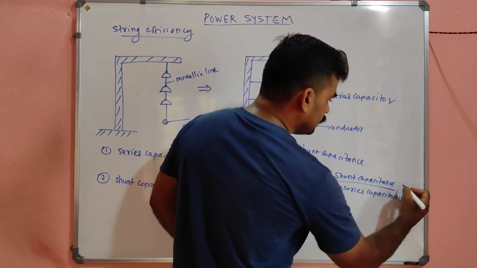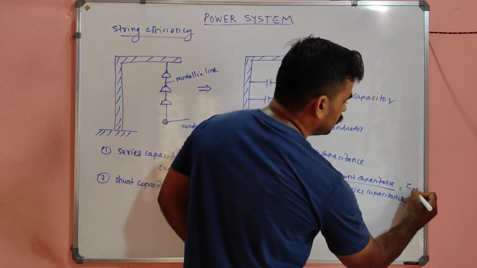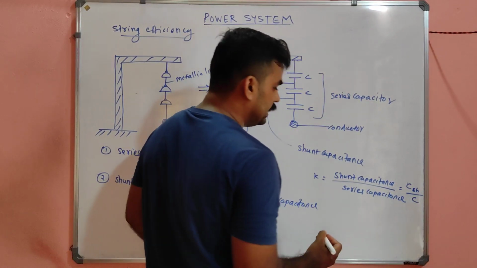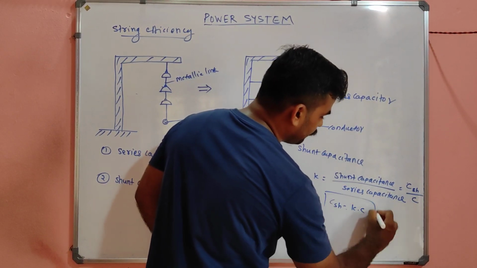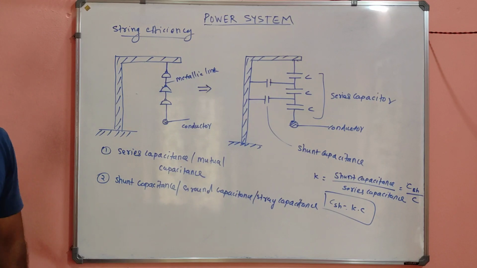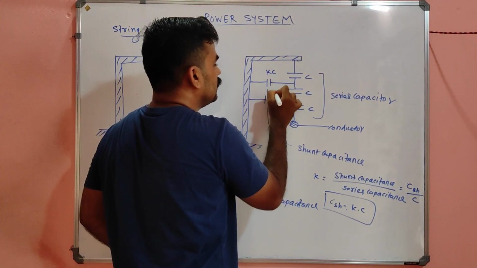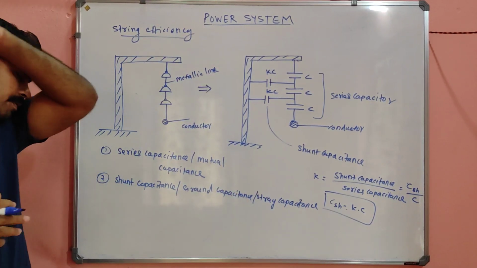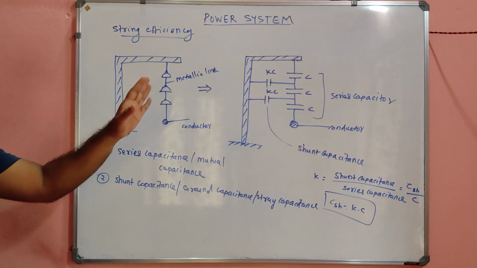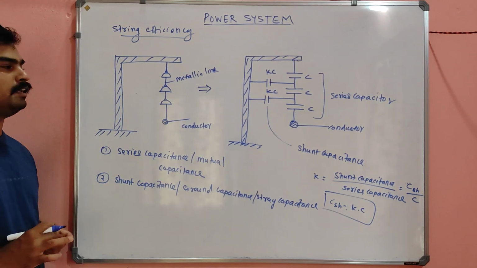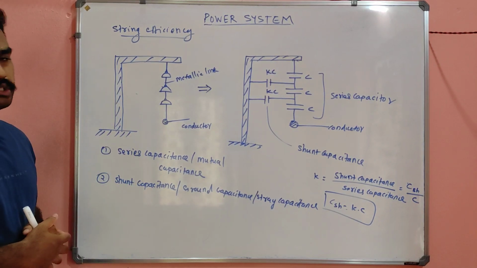Which means the shunt capacitance is C shunt divided by series capacitance is C. So C shunt will be equal to K times C. So this capacitor can be represented by KC. So there is the concept of two types of capacitors in the string or the suspension type of insulator.